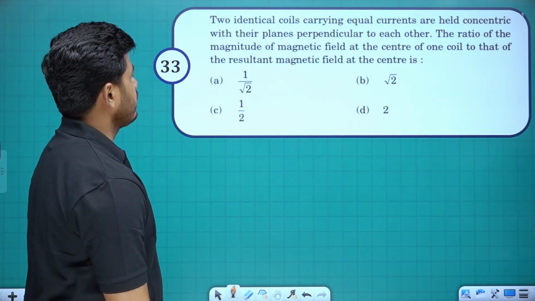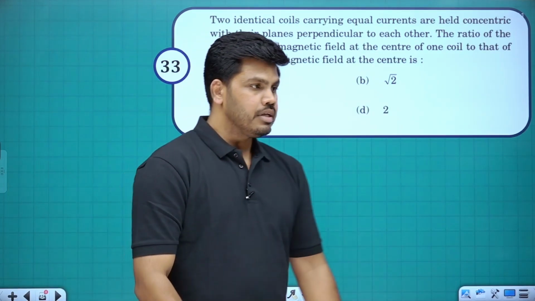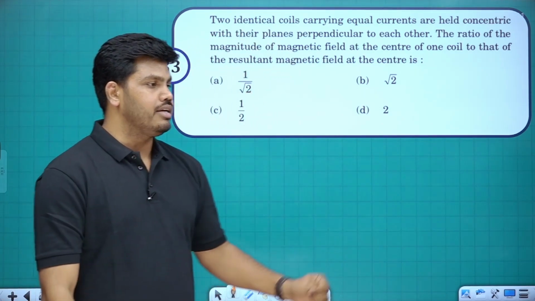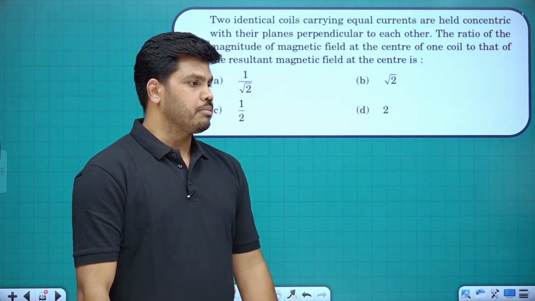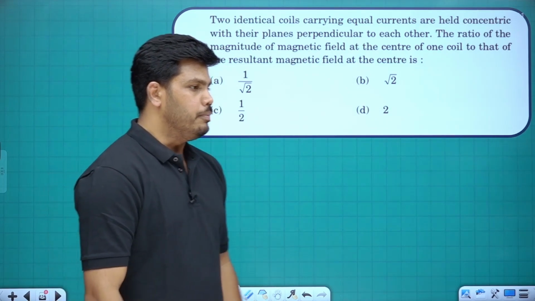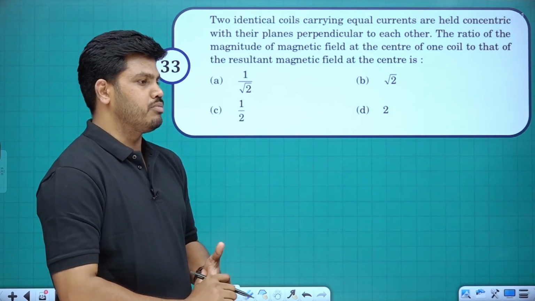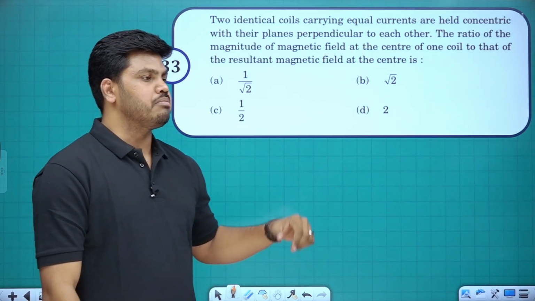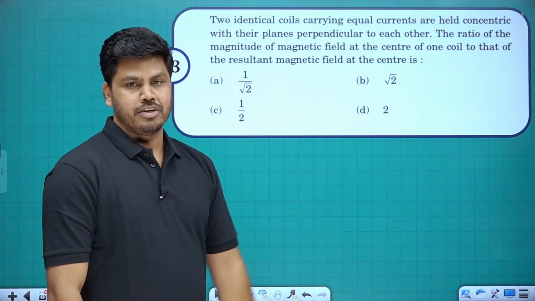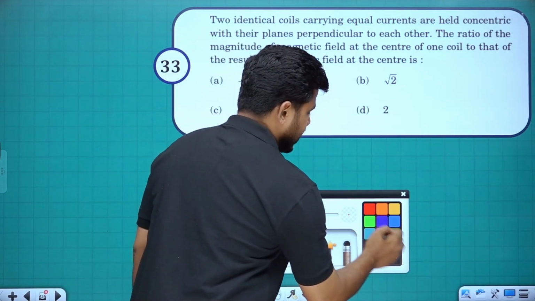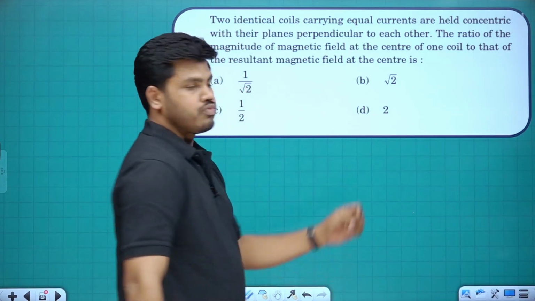Then question number 33. Two identical coils carrying equal current are held concentric with their planes perpendicular to each other. The ratio of magnitude of magnetic field at the center of the coil to that of the resultant magnetic field at the center. See, we have to find out the ratio of two different magnetic fields.